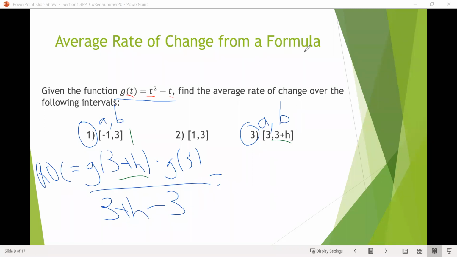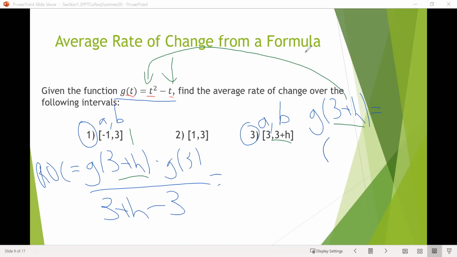So first of all, we have to find g of 3 plus h. So how are we going to do that? Well, we're just going to take this 3 plus h value here. Because it's in the place of t there, we put it in the place of t everywhere else. So up there, we would end up with 3 plus h squared minus, put in 3 plus h here.